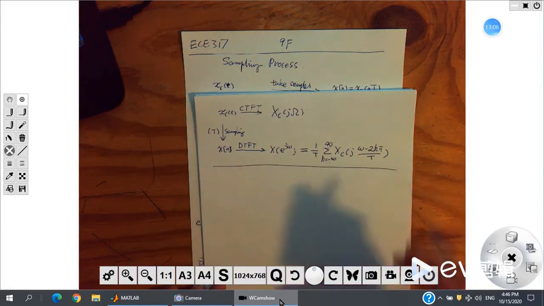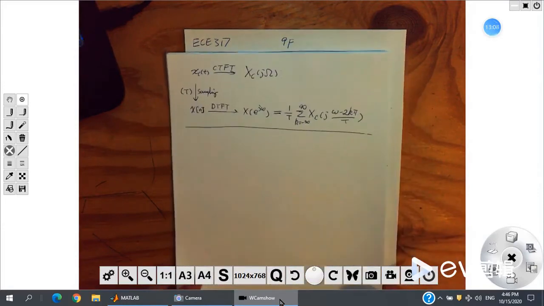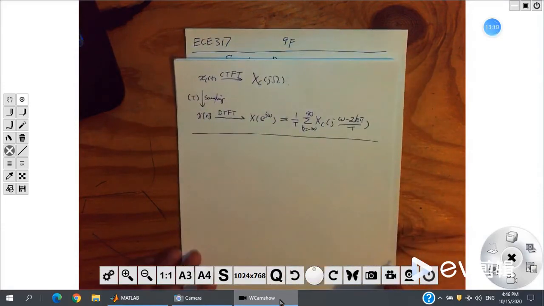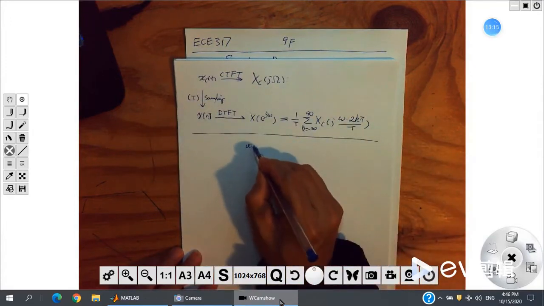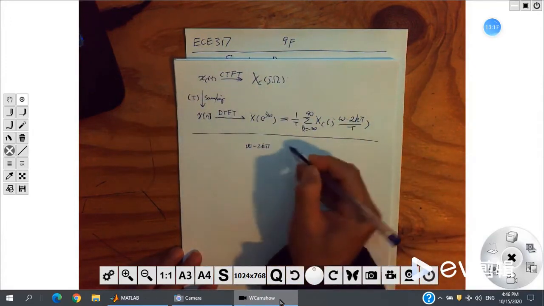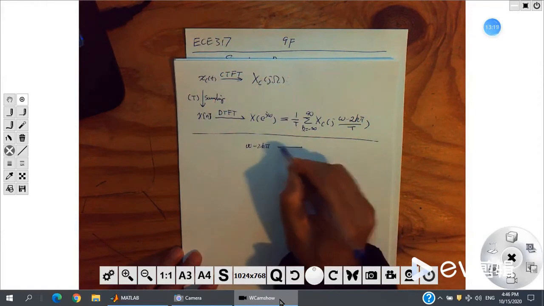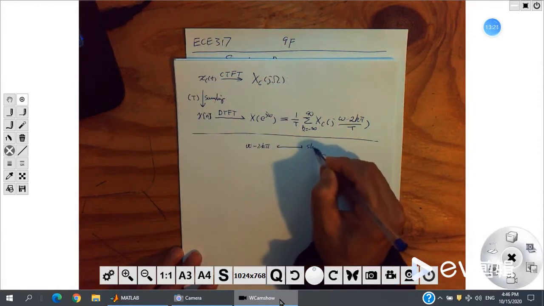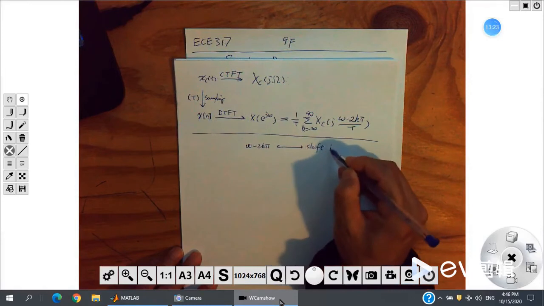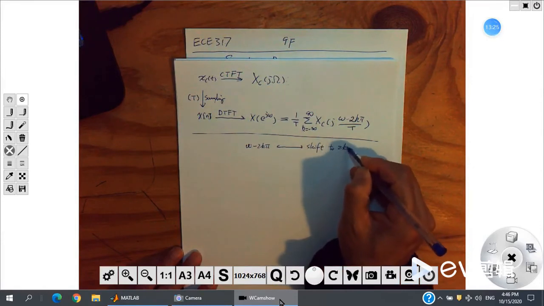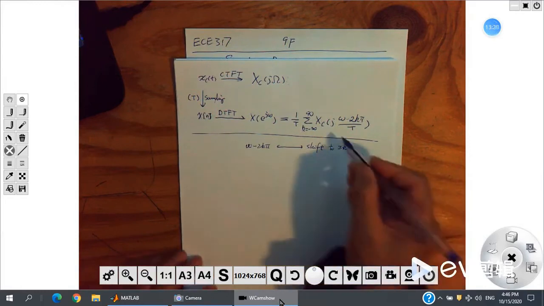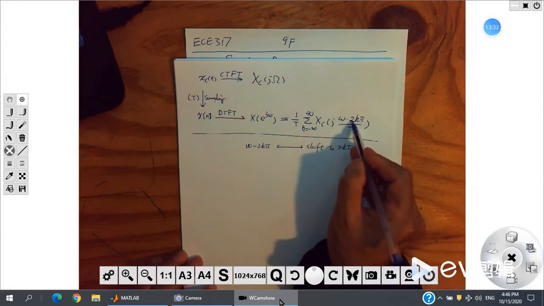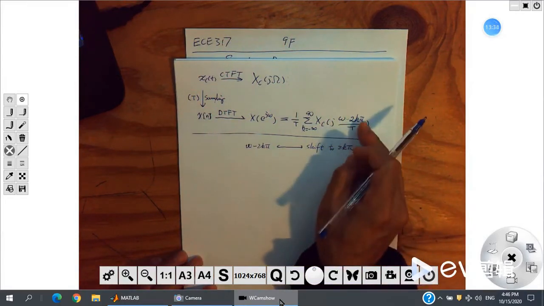Then let's look inside this formula. What is the meaning of this formula? You can see omega minus 2k pi. This is a shift by 2k pi, right? You shift the signal by 2k pi.